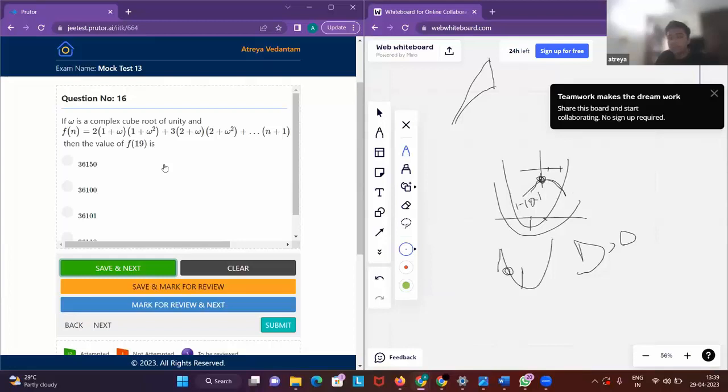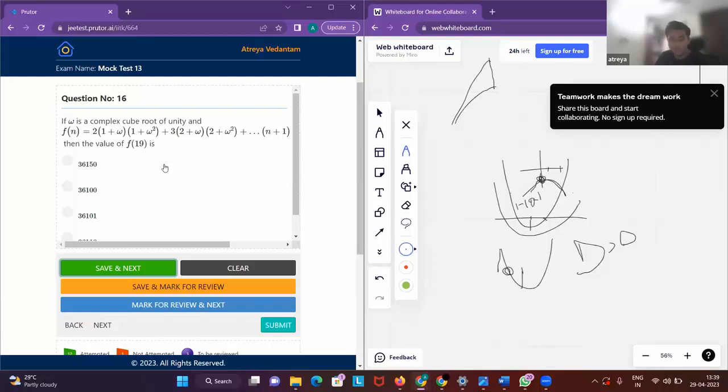Plus 4 times (3 plus omega) times (3 plus omega squared) will be the answer, right? So the way to do this is 3 times 3 will be 9, plus 3 omega plus 3 omega squared plus omega cubed, right? But you want the omega terms to disappear, so it's going to be 6 plus 1, 7.